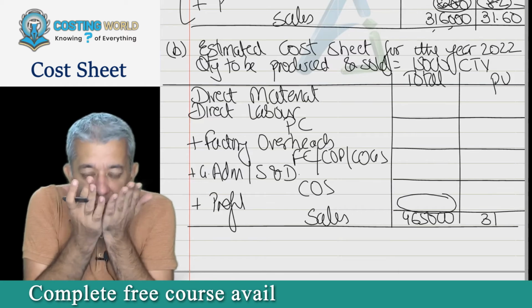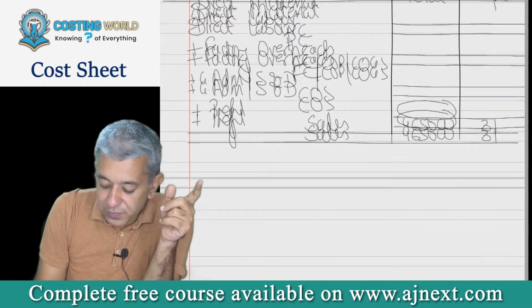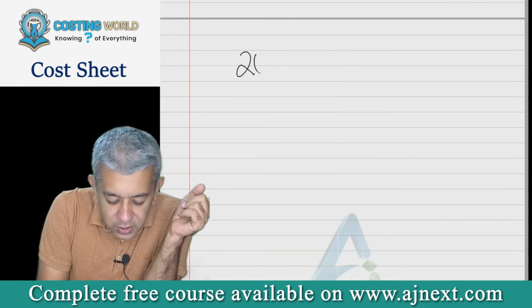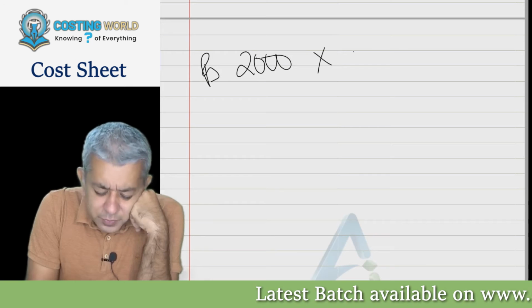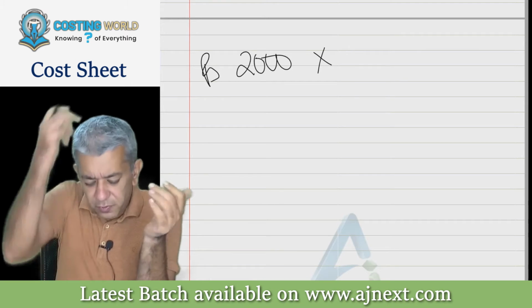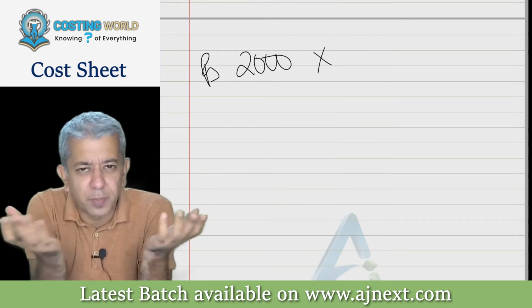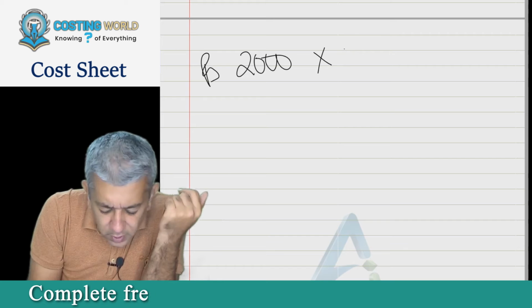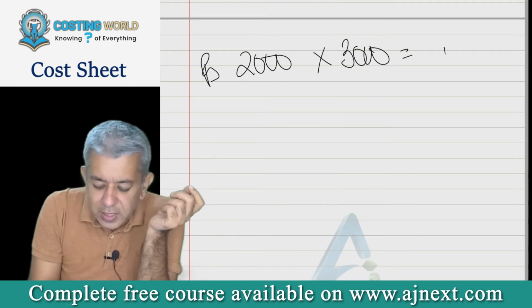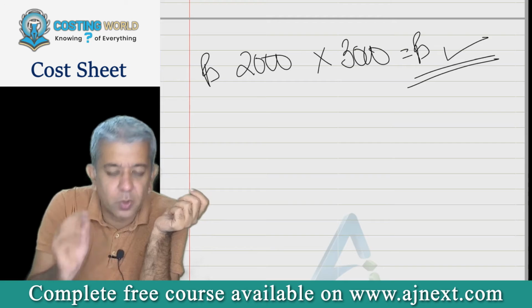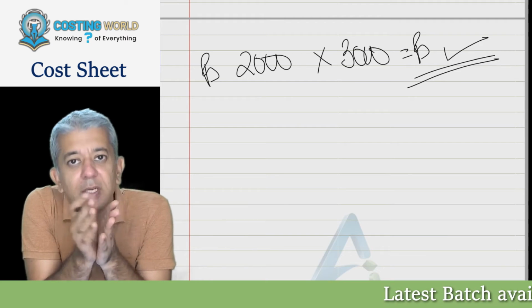Okay. Now, just listen to me. Last year it costed me rupees 2,000. Okay. Last year approximately in CA Inter for costing across India, including all the pen drives and all that we sell, we sold around, say, 3,000 copies. Okay. So therefore, this must have been my printing cost.